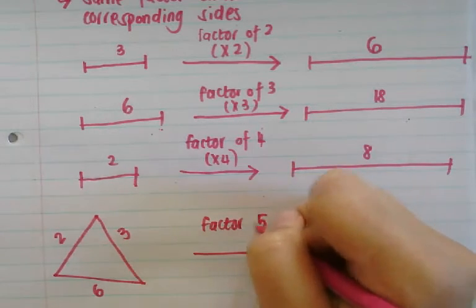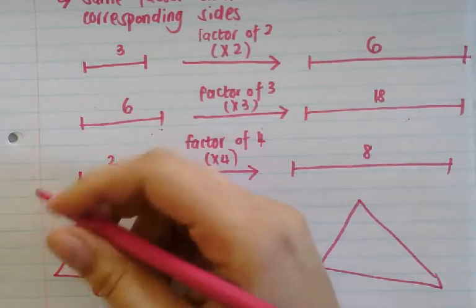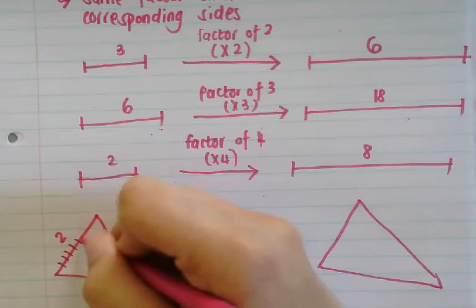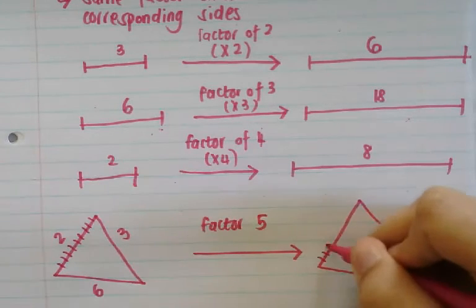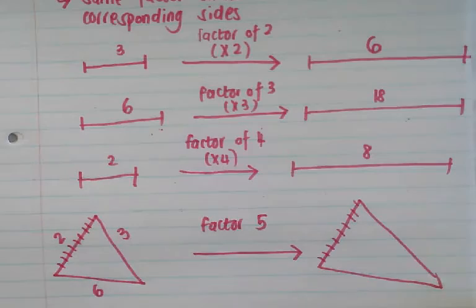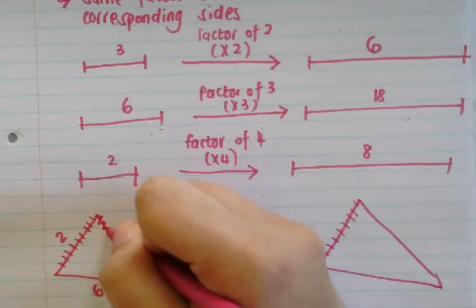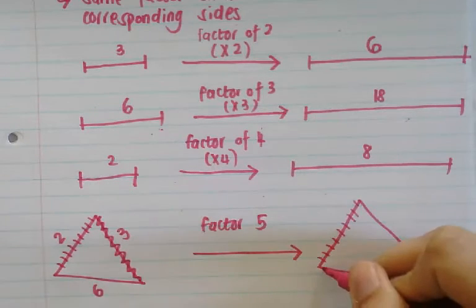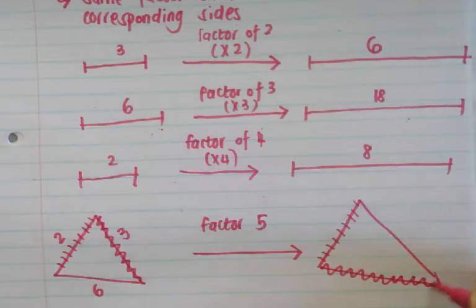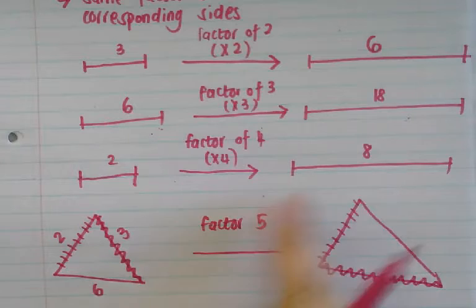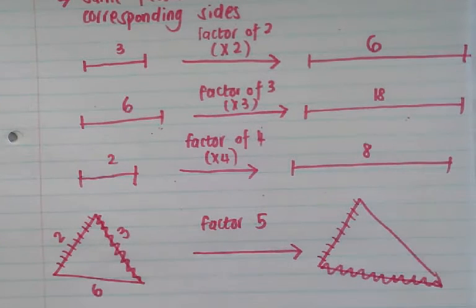So I'm telling you that I have a factor of 5, that this line corresponds to this line, and that this line corresponds to this line. I've deliberately changed it up, and therefore the solid line corresponds to the solid line.